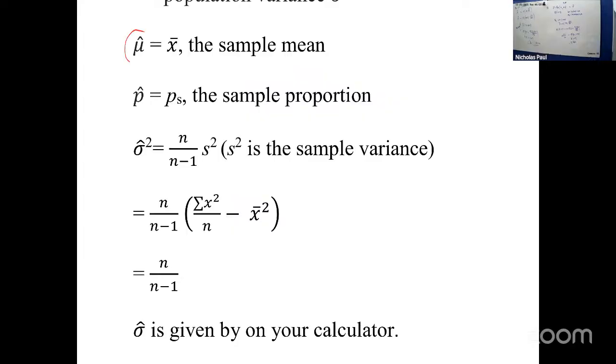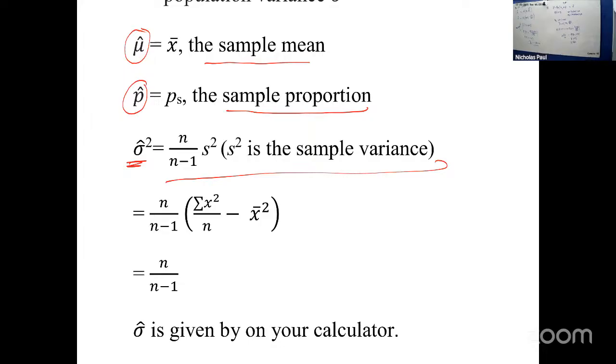That hat tells me we estimated the population mean by using the sample mean, the proportion by using the sample proportion, and the variance by using this here.